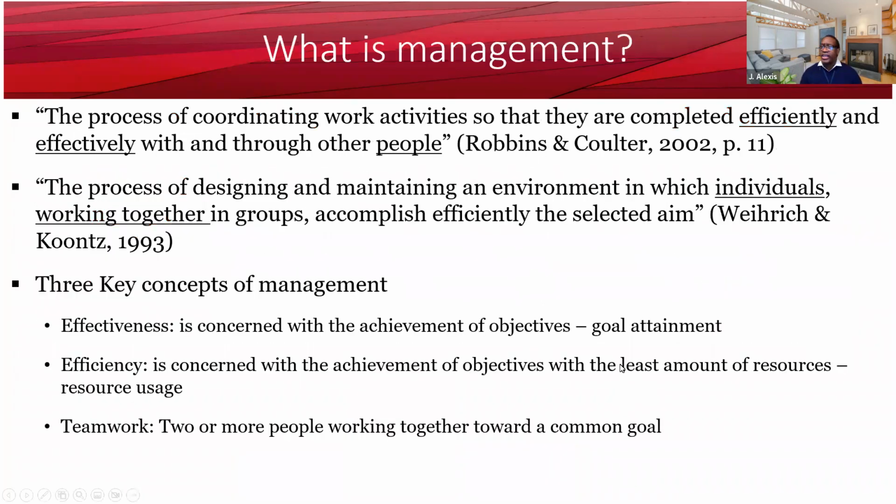The second concept is management. What is management? I have two definitions, one from Robbins and Coulter, and the other from Greenwood and Koontz. According to Robbins and Coulter, management is the process of coordinating work activities so they are completed efficiently and effectively with and through other people.